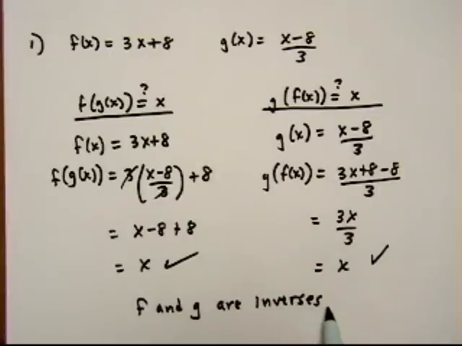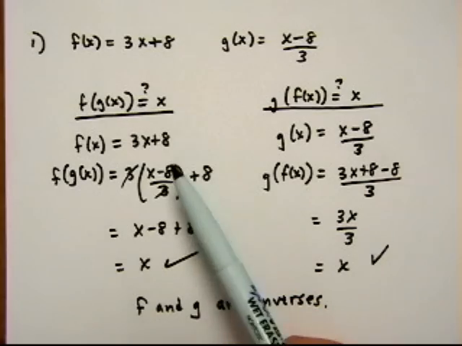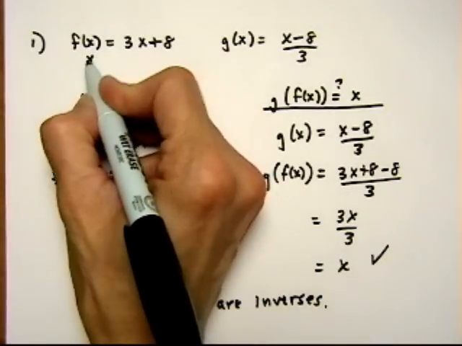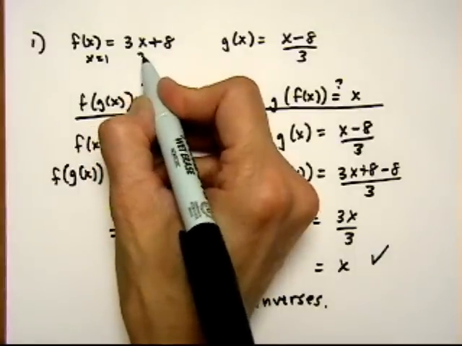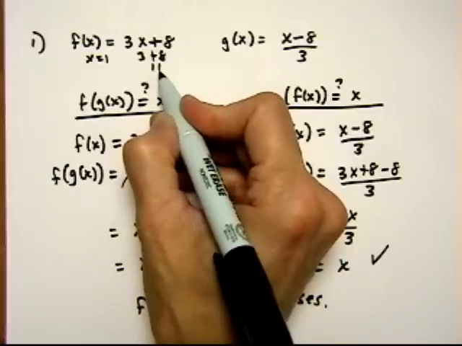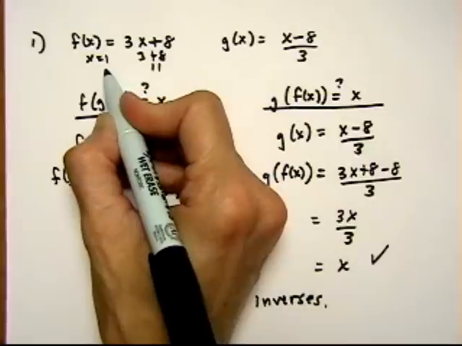And you can also do just a quick little number check to make sense of what's happening with numbers instead of seeing it all done algebraically. If you put in x equal to 1, then you get 3 times 1 is 3 plus 8 is 11. If you take that 11 and put it in as an input for g of x now, the effects should be undone and we should get the 1 back again.